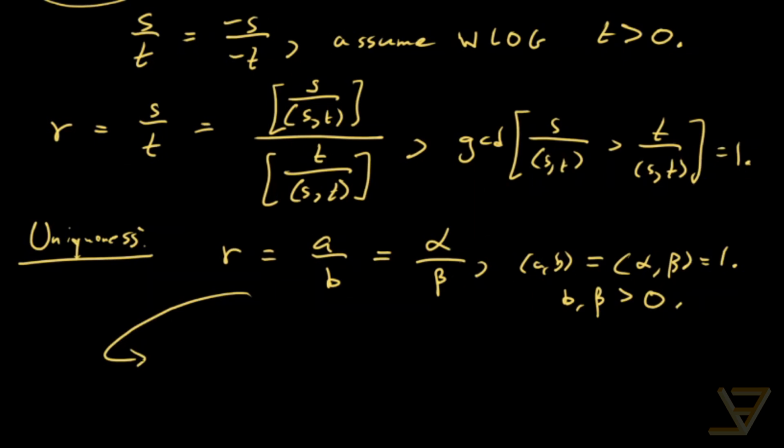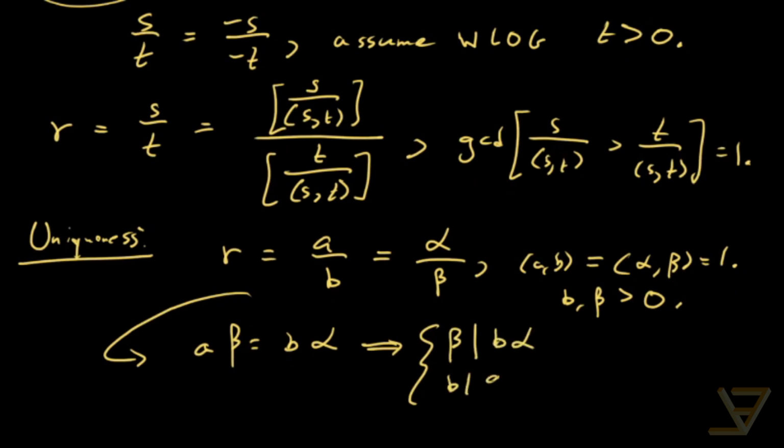So we can write this as A beta is equal to B alpha. And this means that beta divides B alpha and B divides A beta, but beta and alpha have a GCD of 1.